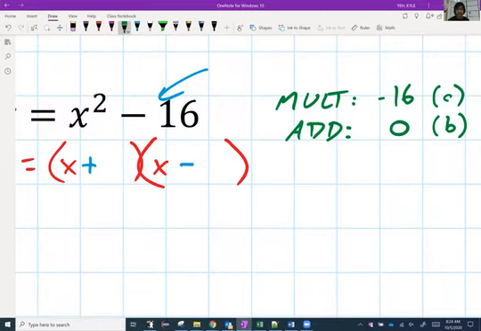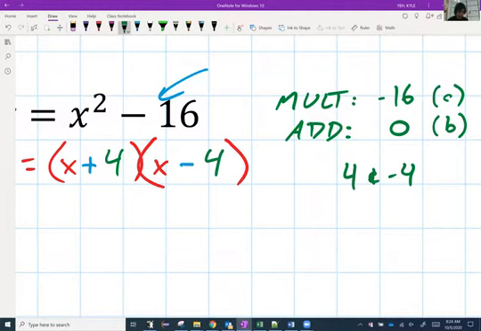We don't have any x's, so b is 0. So what are two numbers that multiply to be negative 16 but add to be 0? How about 4 and negative 4? 4 times negative 4 is negative 16. 4 plus negative 4, they cancel out, is 0.